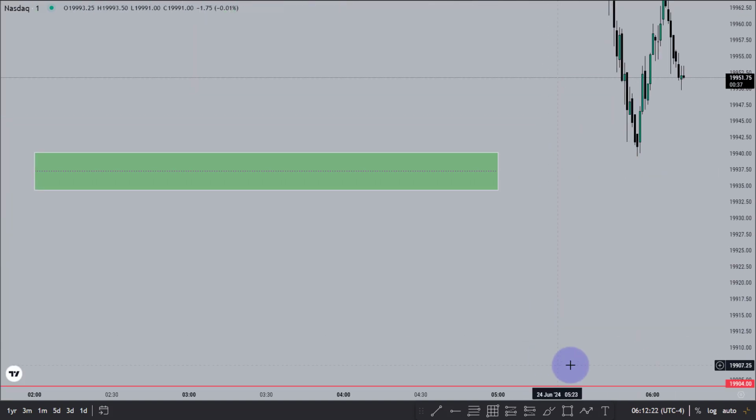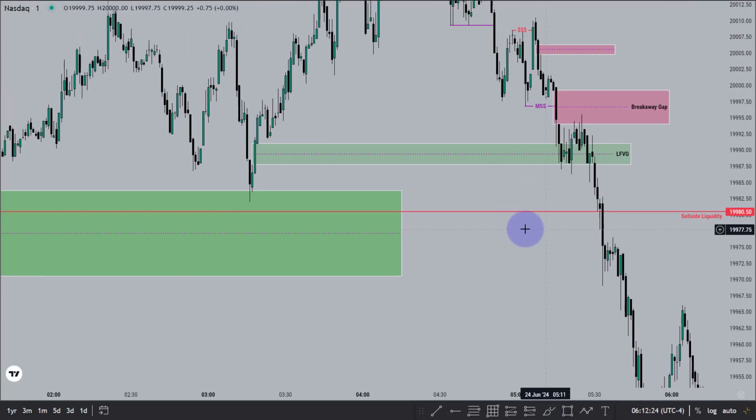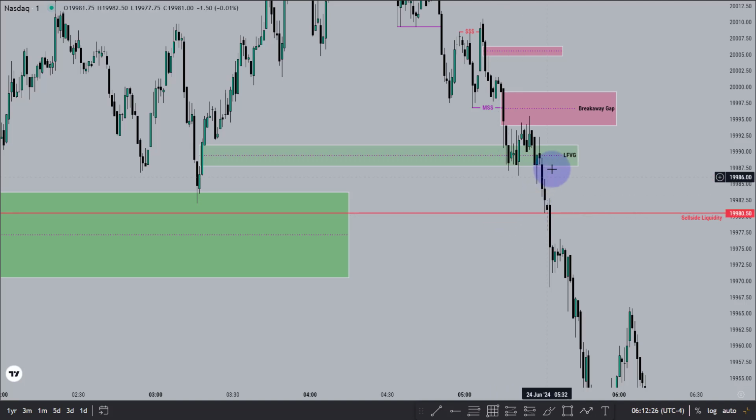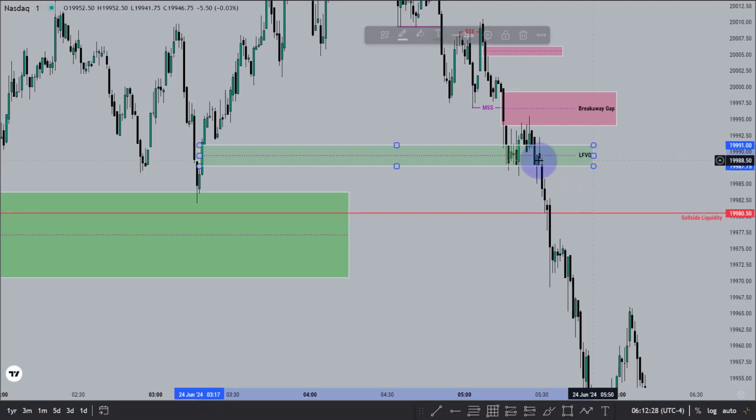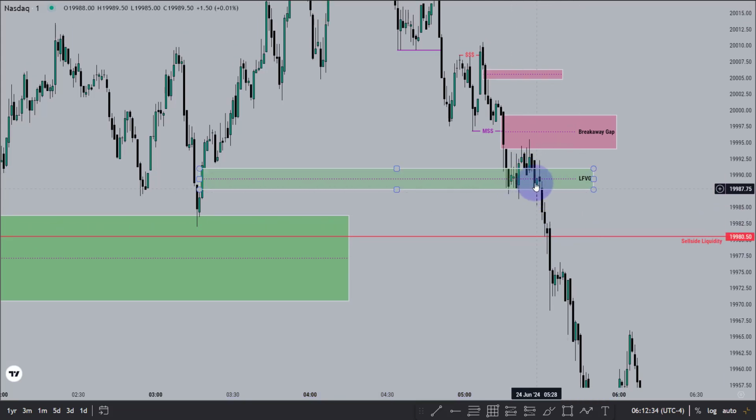Because I have this extreme sell side liquidity, 1 minute liquidity, I have everything. So I'm expecting this last parabolic gap is going to be broken and market is going to take at least this sell side liquidity. That is the reason for taking this entry. The reaction sent the price until the breakaway gap, then market fell and hit my target profit.